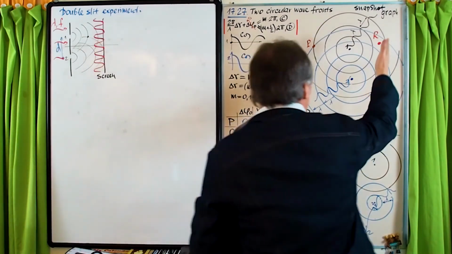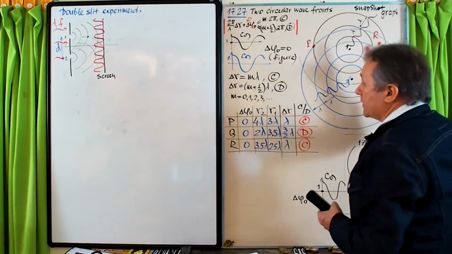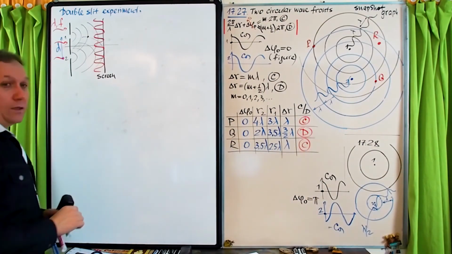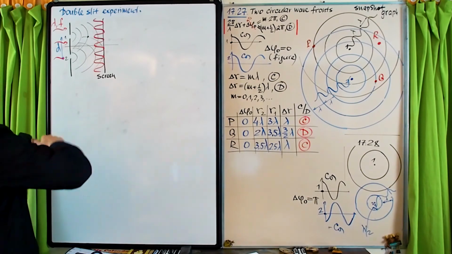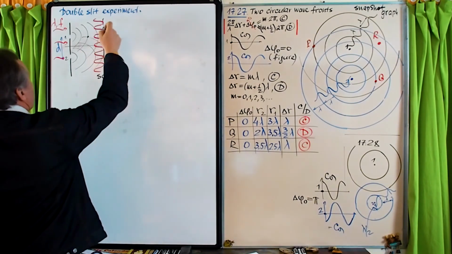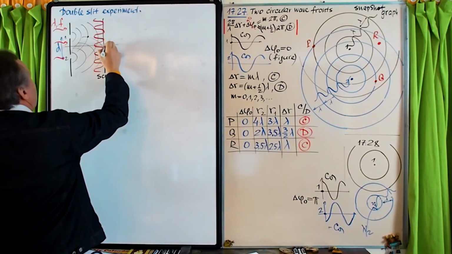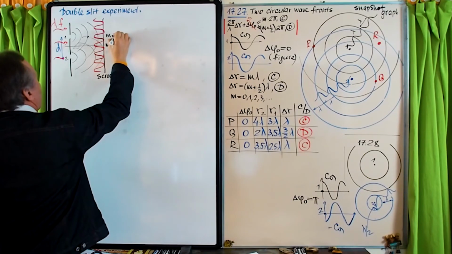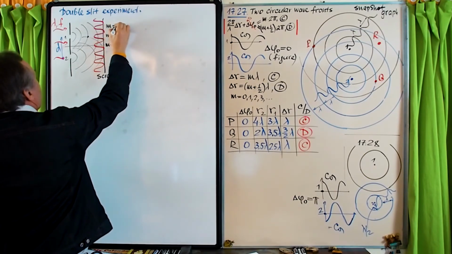For example, if I position the screen over here, I will see something like that. Let's say this is the bright spot corresponding to m equals 0, this corresponds to m equals 1, this m equals 2.